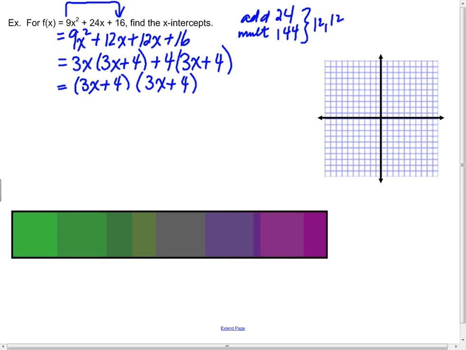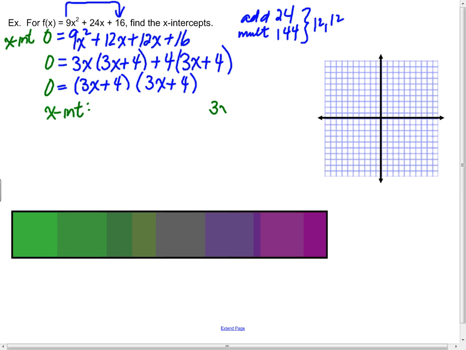Those two brackets show me what my x-intercepts are, but for those of us that find that a little bit odd, I can find my x-intercept by setting each one of them equal to 0. For your x-intercepts, my y value is 0. So if I have two things being multiplied together to give me 0, that shows me my x-intercepts or my zeros.